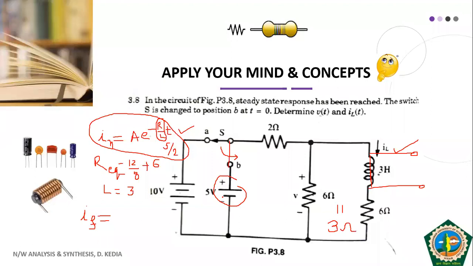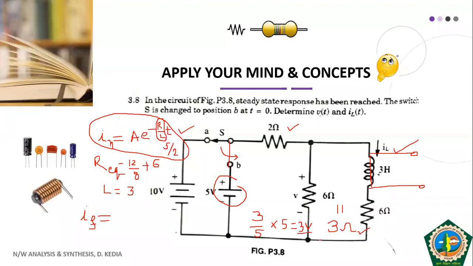Now we have a 5 volt source applied across 2 ohm and 3 ohm in series. Applying the voltage divider rule, it will be 3, that is this equivalent resistance, by 3 plus 2, that is 3 by 5, times the applied voltage of 5. So this comes out to be 3 volt.